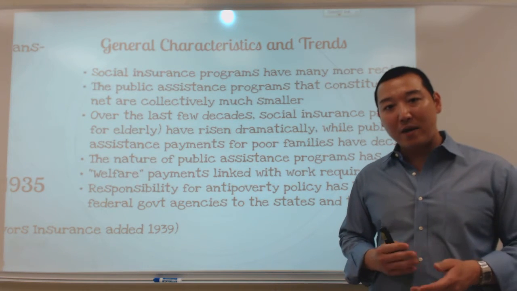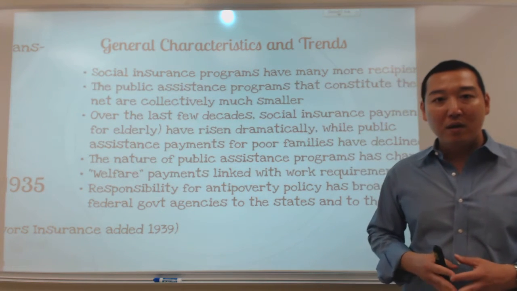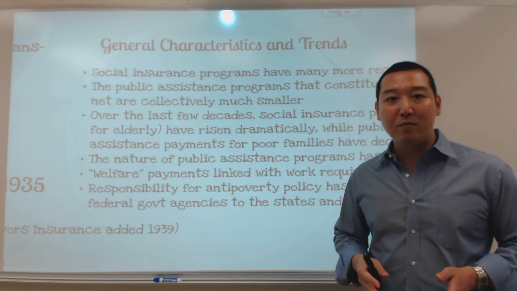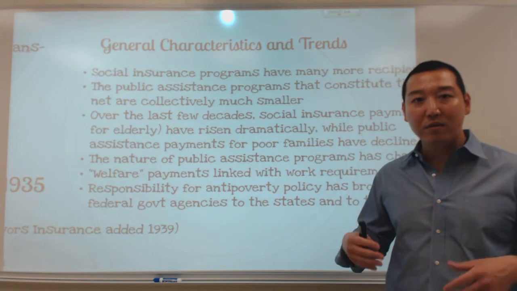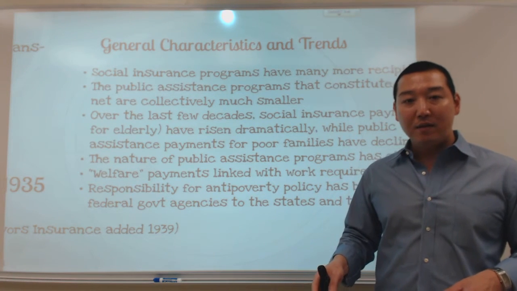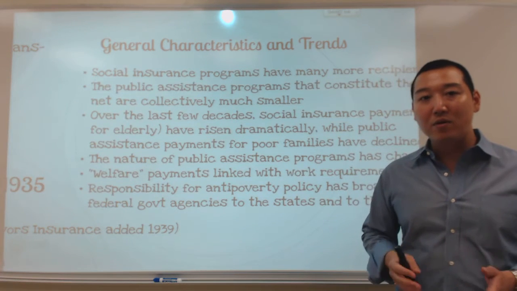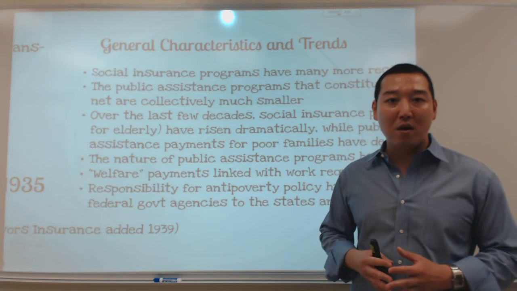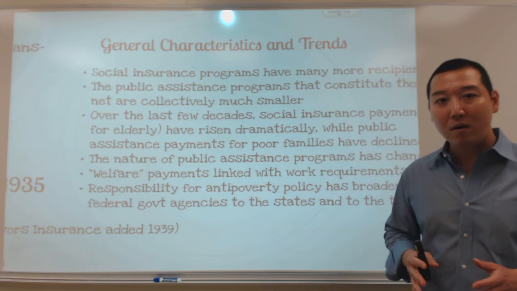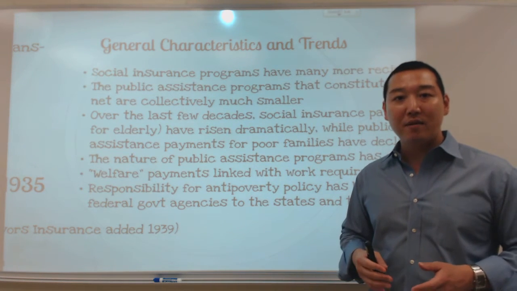And if we're thinking about trends in the way of public assistance programs, more and more in recent decades, the federal government has largely devolved or delegated responsibility towards the state governments. And another trend that we're seeing is that the public assistance payments are starting to become more under the jurisdiction of the tax system.